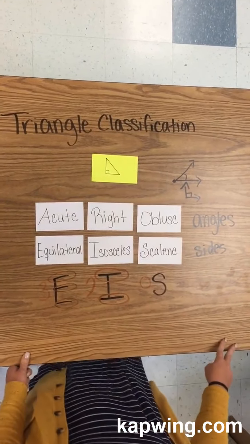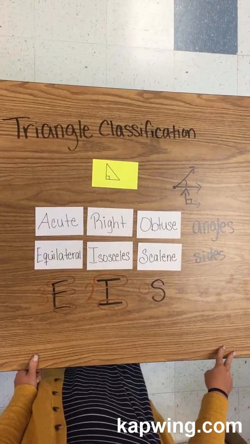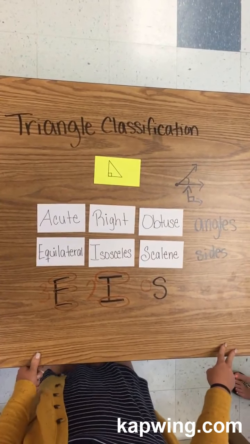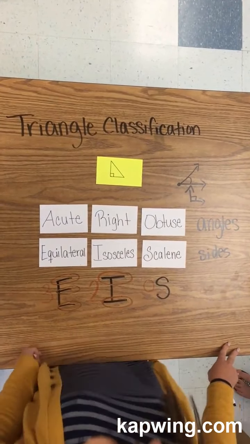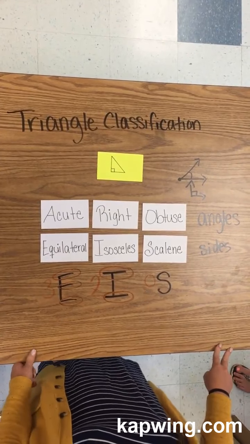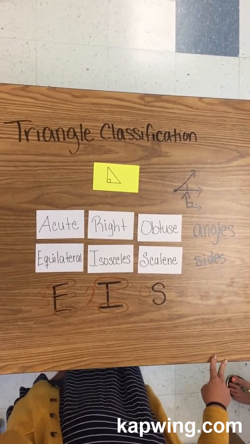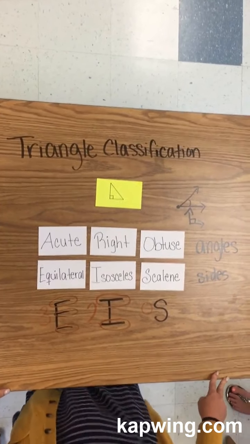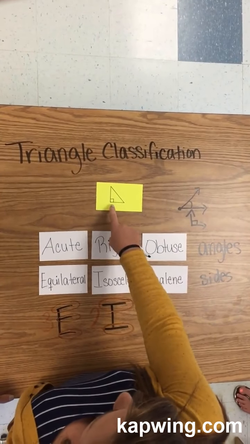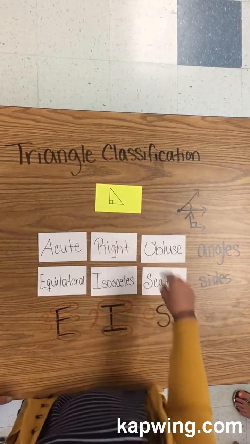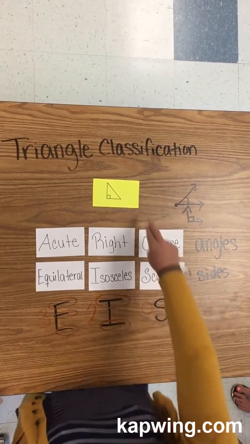This one looks a little bit different. It doesn't have the tick marks. But you can notice that two of the sides look congruent and the other side looks longer. Sometimes you're going to see that they don't have tick marks on there. I would call this a right isosceles triangle.